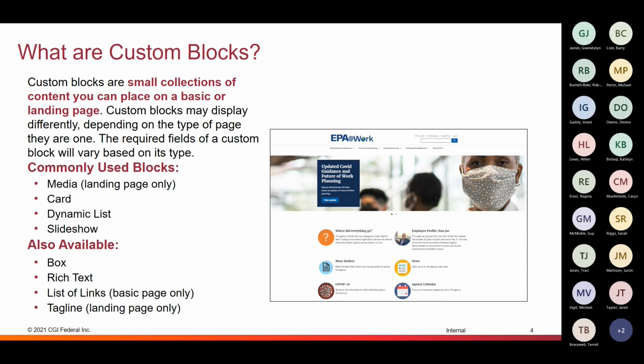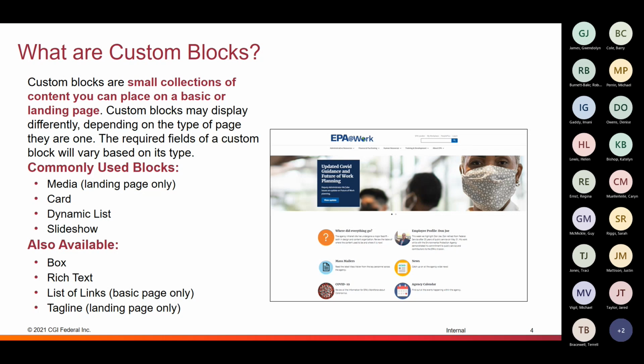Some of the commonly used blocks are the media blocks, which we can actually see in this screenshot here. We have 6 different media blocks laid out here. We also have the card block, which is not pictured, as well as the dynamic list and the slideshow blocks. Some additional blocks that are available that are not so common are the box block, as well as the rich text, list of link, and tagline blocks.